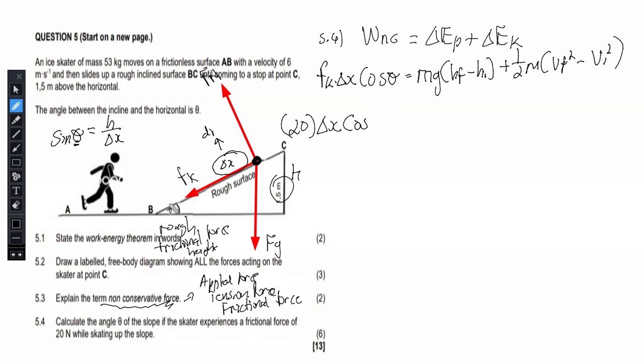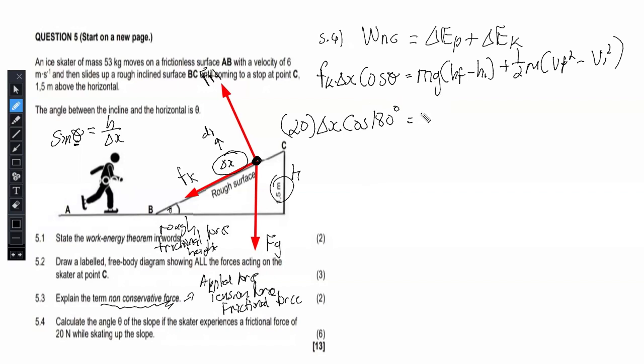Remember, this is the angle of the slope, and the theta here represents the direction between the force and the displacement. Since Fk is going opposite to the displacement of the skater, it's 180 degrees. We always know with Fk that theta is 180 degrees because it always opposes the motion.